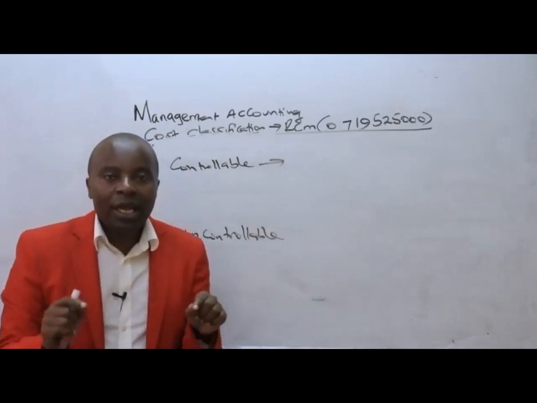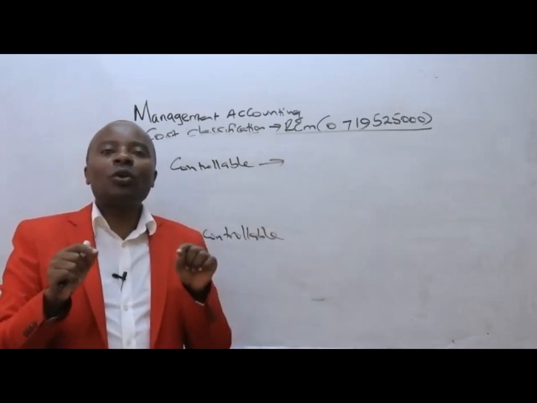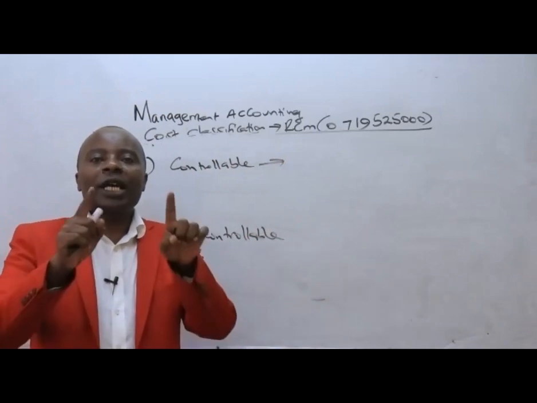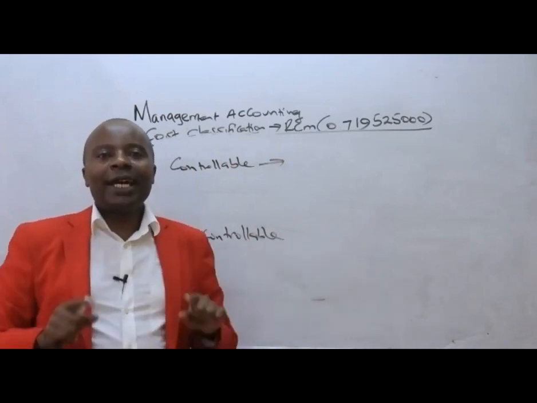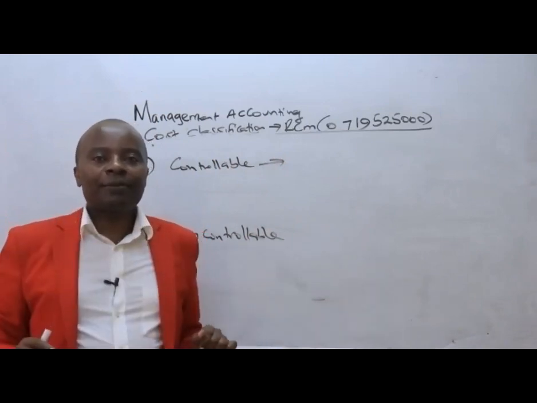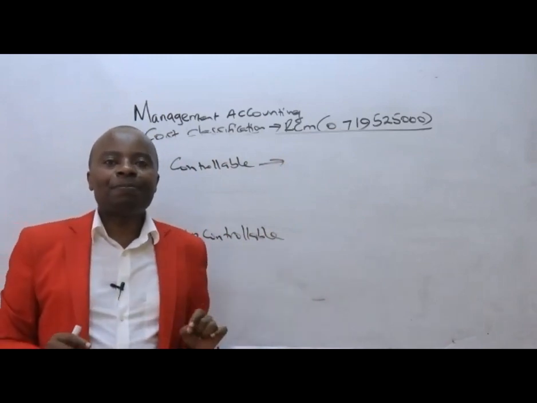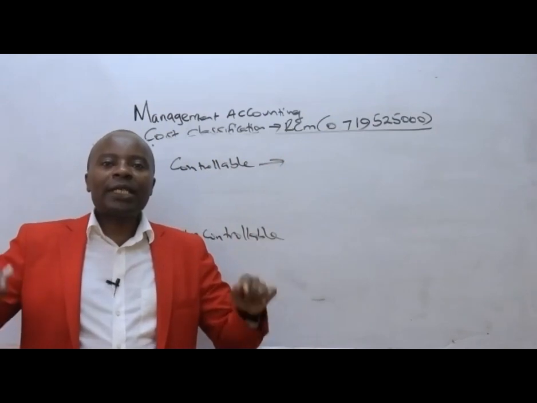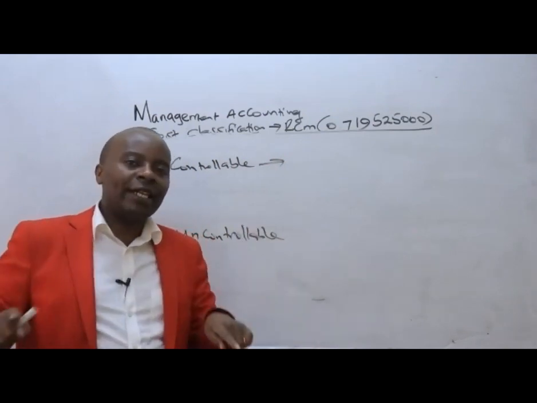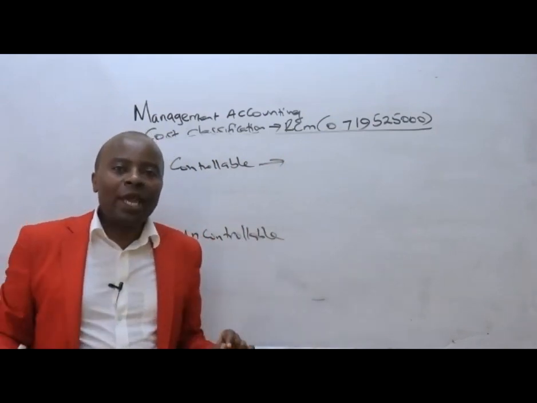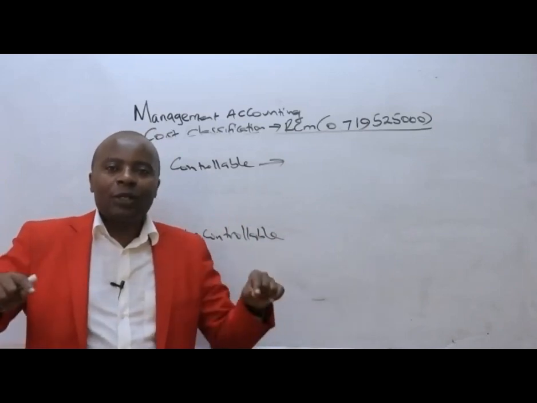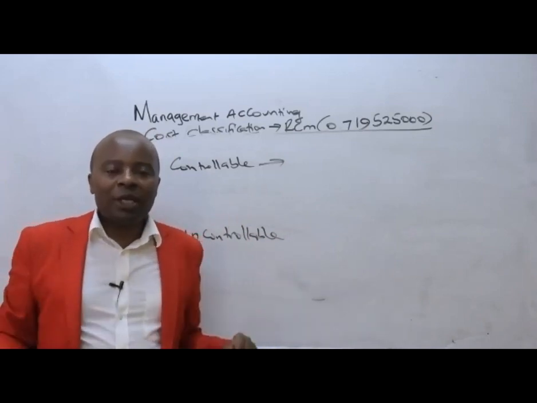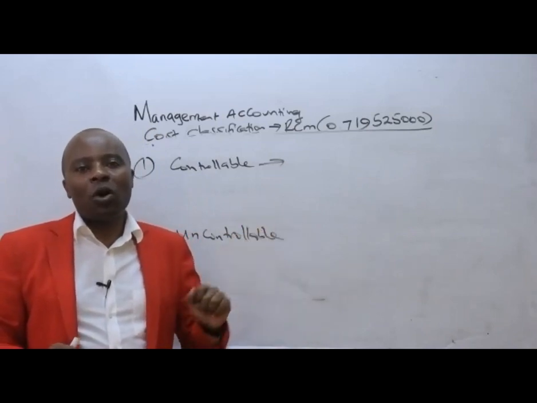Controllable costs are those costs that we can control, that we can influence their incurrence or not as management. So as management within this firm, there are those expenses. If we say no to training, then our people will not be trained, and we will not incur training cost. So training cost becomes a very good example of a controllable cost.